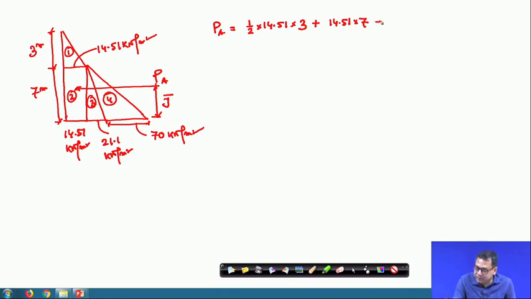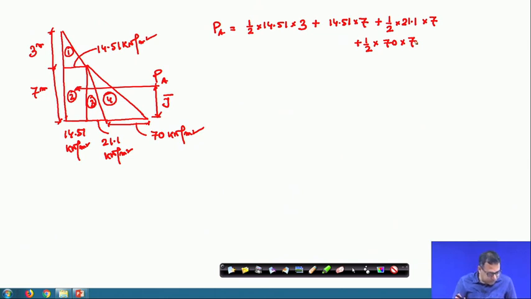Then the third part is a triangle, so this will be half into 21.1 into 7. And then we have another triangle, so again plus half into 70 into 7. These are all the forces that we have considered.